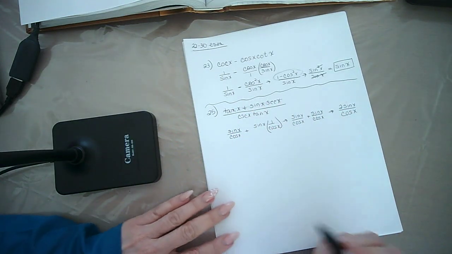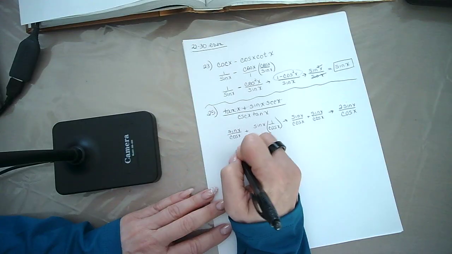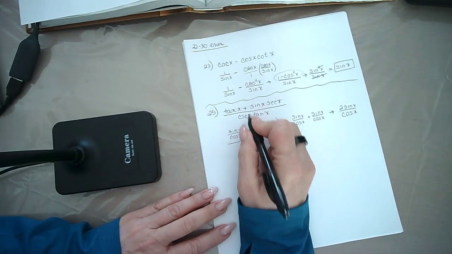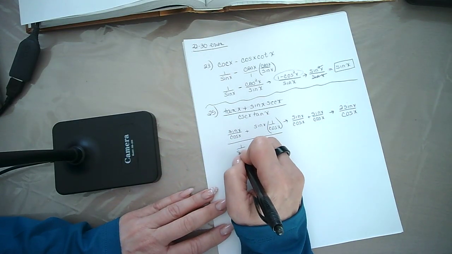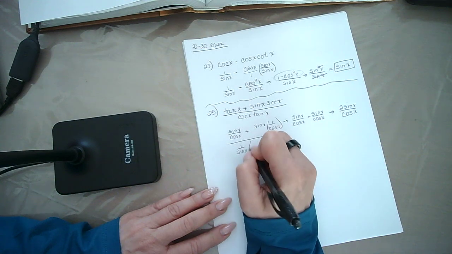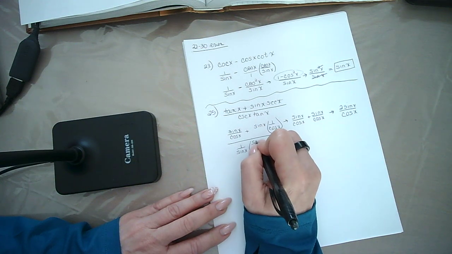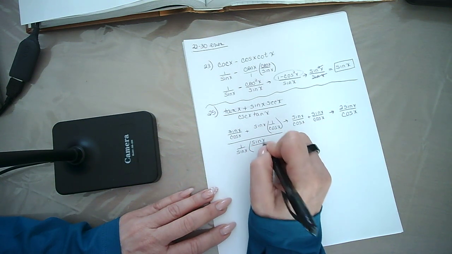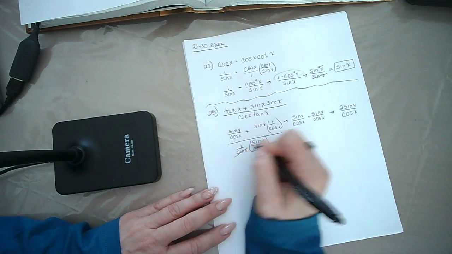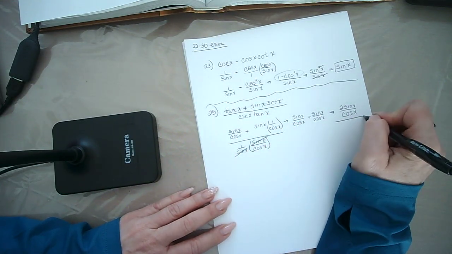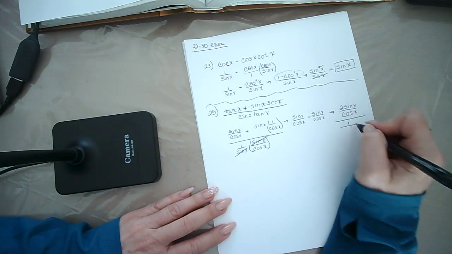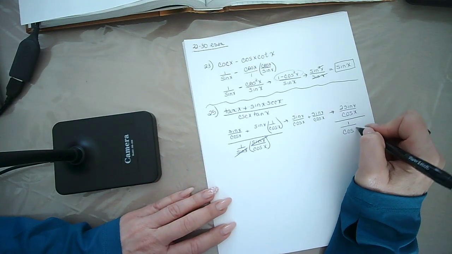Let me try the denominator and see what I get going on. Cosecant is really 1 over sine x times tangent is sine x over cosine x, right? Sines are going to cancel out. So this whole thing is over 1 over cosine x.